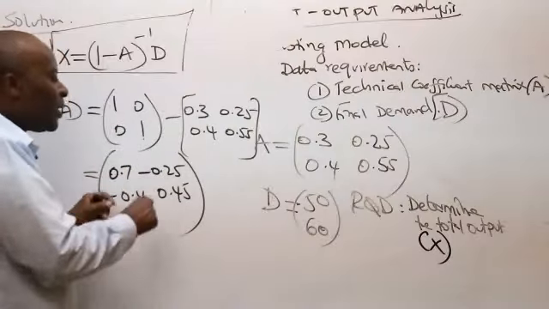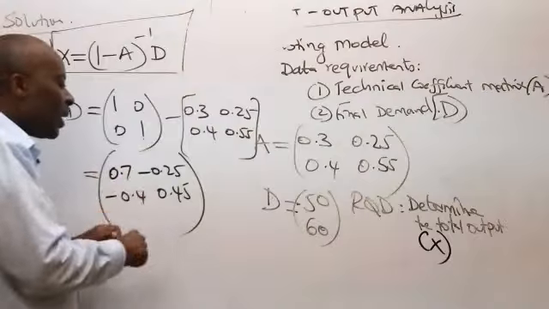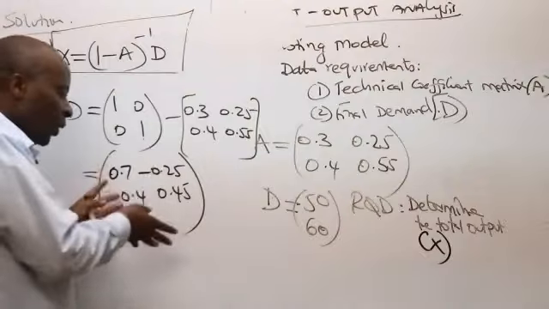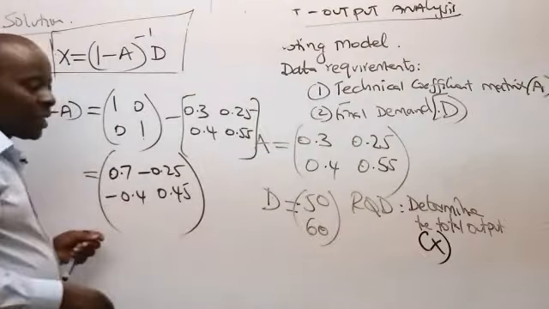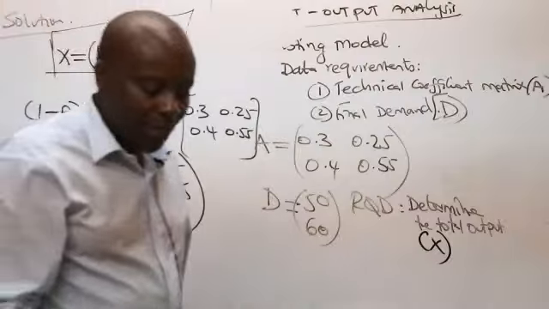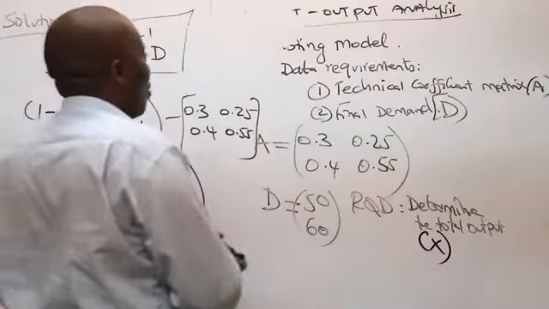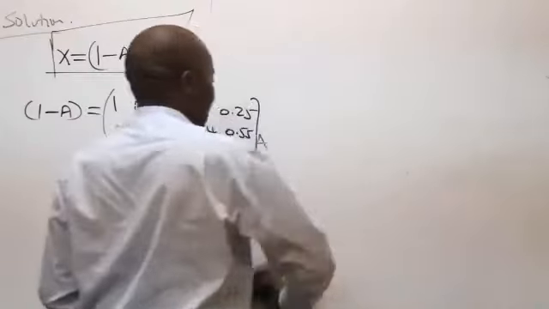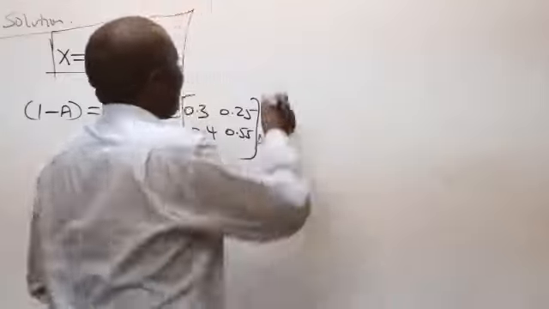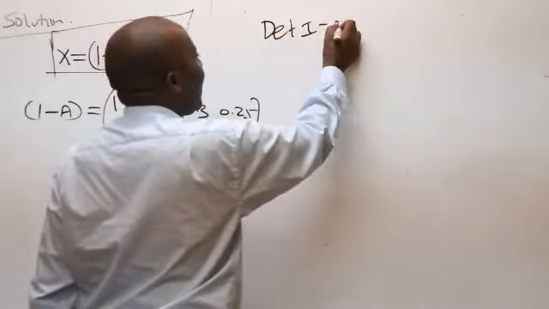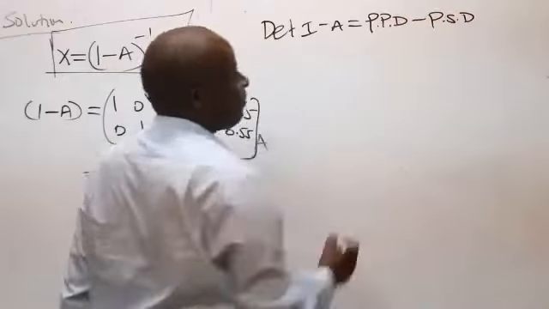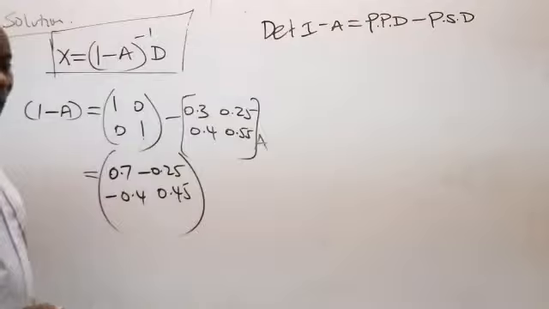So if that is the case, ladies and gentlemen, I would want you to do me a favor. In the inversion spirit, I would want you to give me the determinant of I minus A. Remember, it is PPD minus PSD: the product of the primary diagonal minus the product of the secondary diagonal.